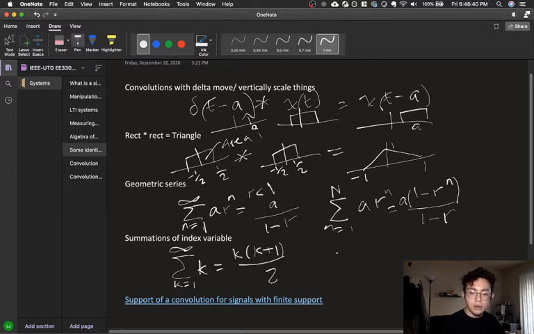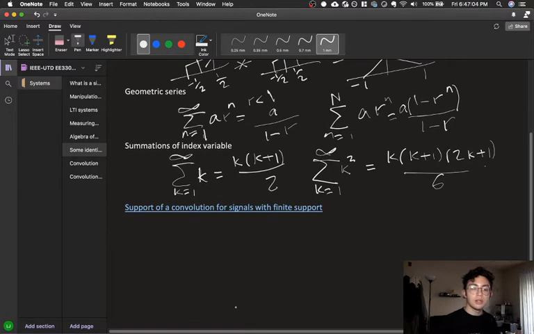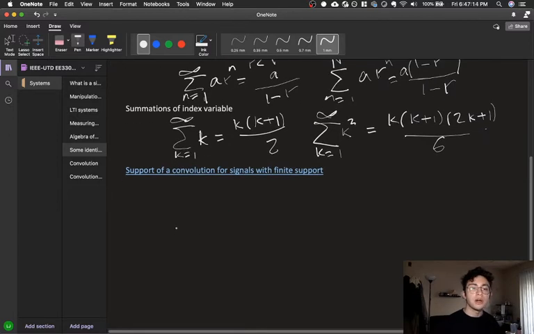And one other one that might also come up, though I don't think they'll bring it up in your exam, is the sum of k squared. This will be k times k plus 1 times 2k plus 1 over 6. And just remember that the summation of 1, n times, is n. That's also something that comes up commonly.